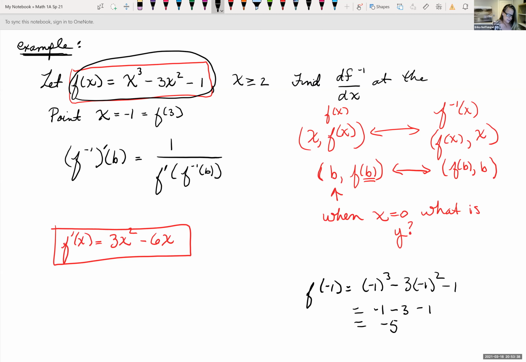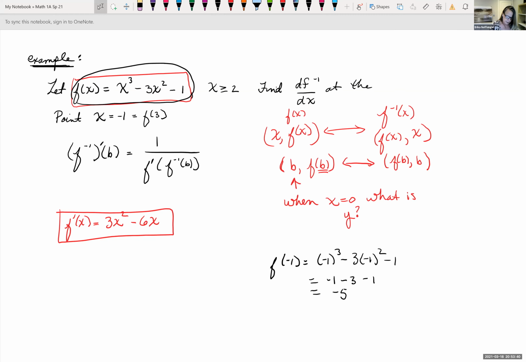That's telling me that's the same thing as f of 3: three cubed minus 3 times 3 squared minus 1, which is not the same thing. Do you see that being the same thing?